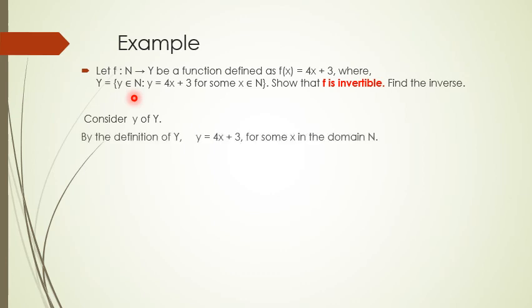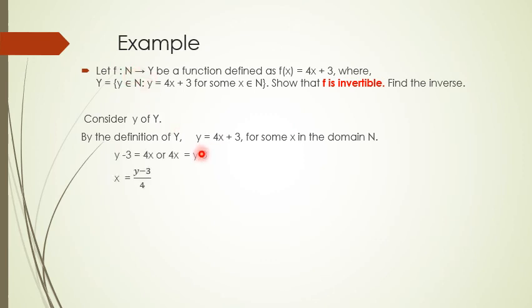For that, y is an element from the set Y. By the definition, y should be like 4x plus 3 for some x in the domain N. That is, if we take any number y from the codomain Y, then that y should be in this form, 4x plus 3 for some x in N.